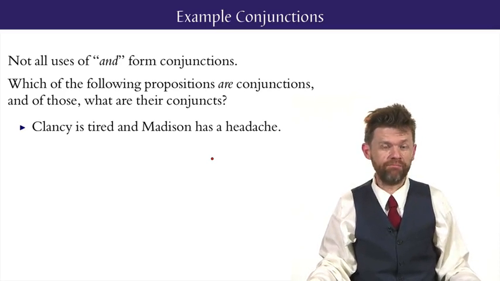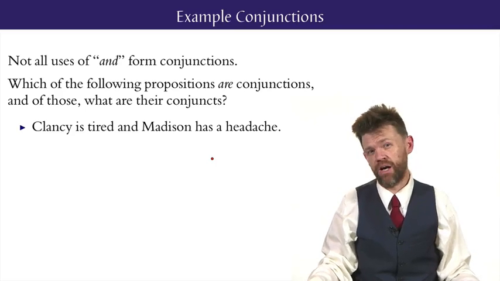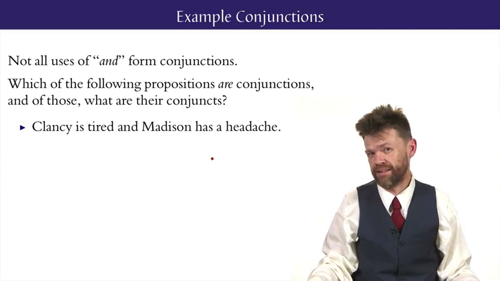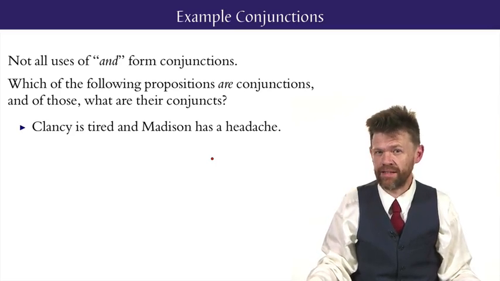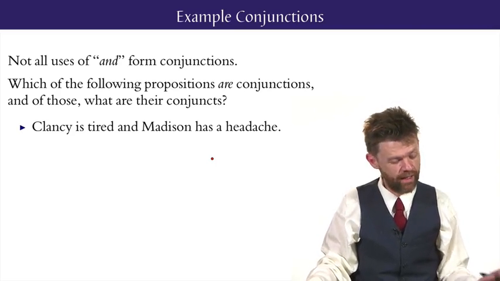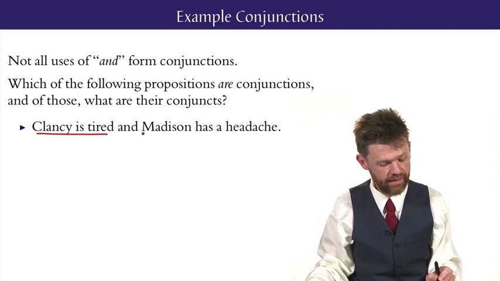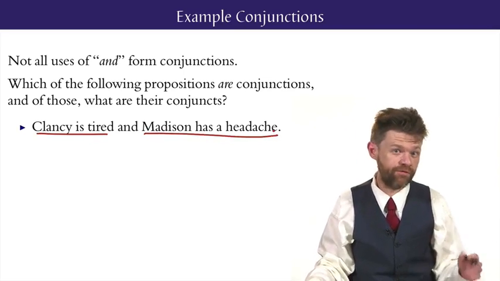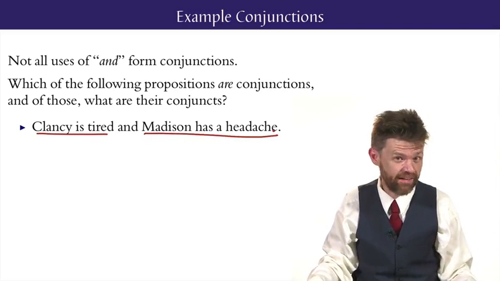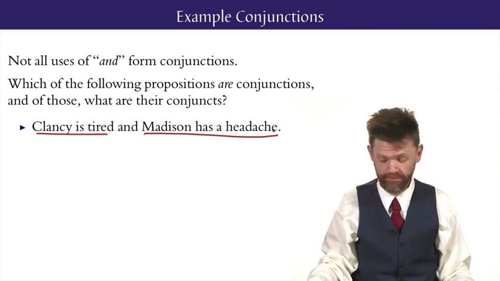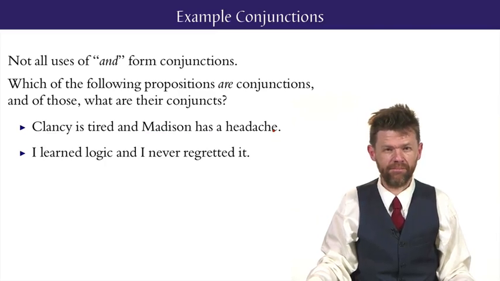So, for example, I might say, Clancy is tired and Madison has a headache. This is clearly a conjunction. The conjuncts are Clancy is tired and Madison has a headache. And if you stick those 2 things back together with an and, you'll get the original sentence back. There's no problem with this case.